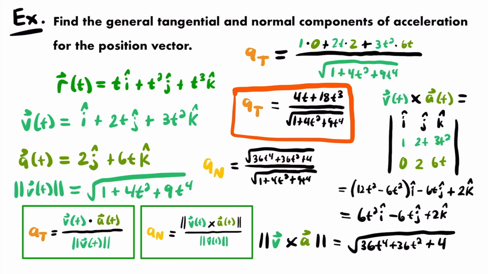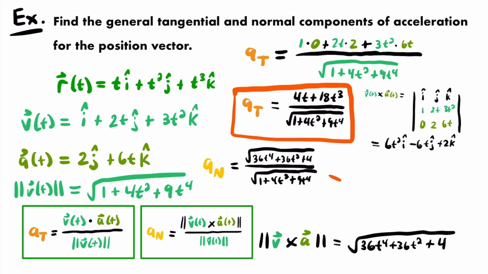36, 36, and 4 are all divisible by 4, and 4 is a perfect square. The square root of 4 is 2, so you could pull that out and just have a 2 on the outside of this expression. And then since everything is underneath the square root, we could just take the square root of the entire fraction. All right, we don't have to have 2 separate square roots. We can combine it into 1. So here's what I mean by that.